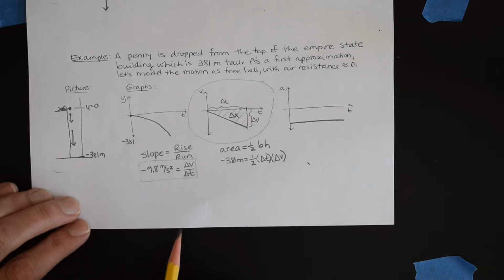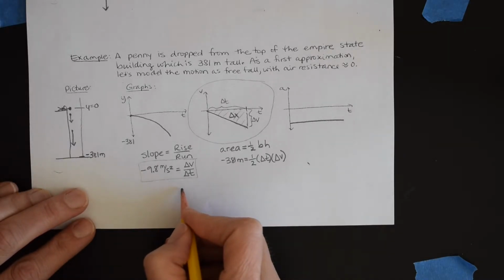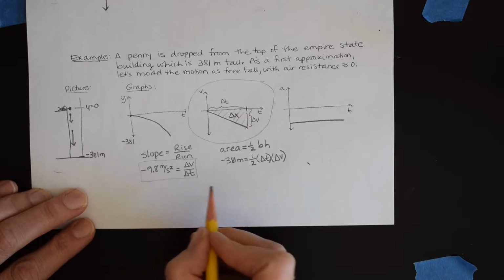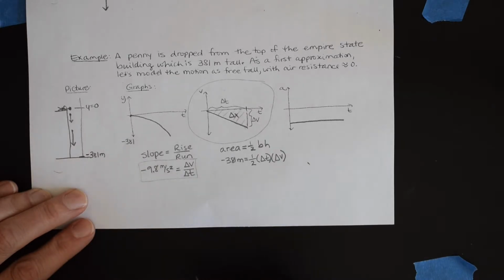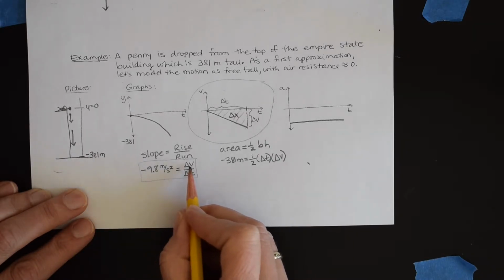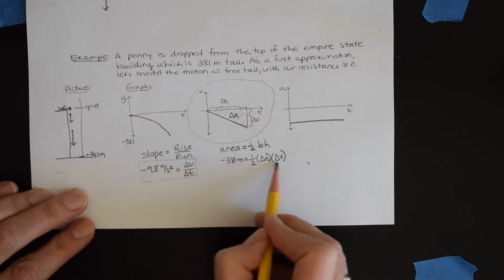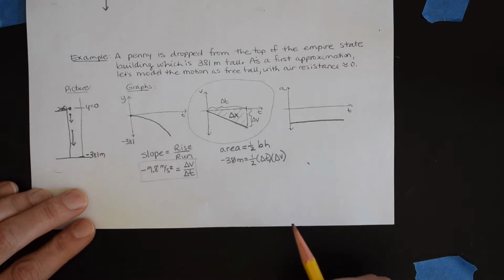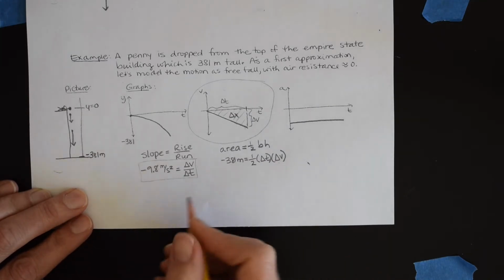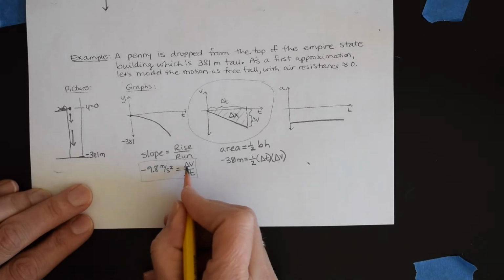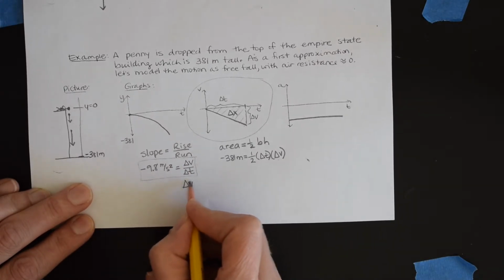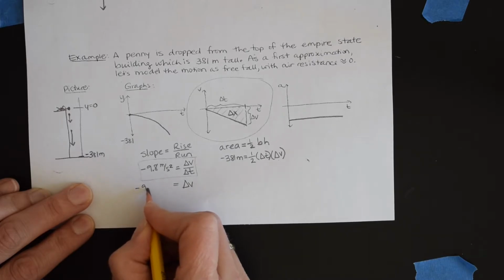And another place you might want to pause the video and try it yourself, and then I'll continue on and you can check your work. So it doesn't matter which one you substitute into the other. I'm going to solve this one for delta v, and then substitute that in over here, and that will eliminate delta v. And then I'll have an equation that only has delta t. So I'm going to multiply both sides by delta t, which gives me negative 9.8.